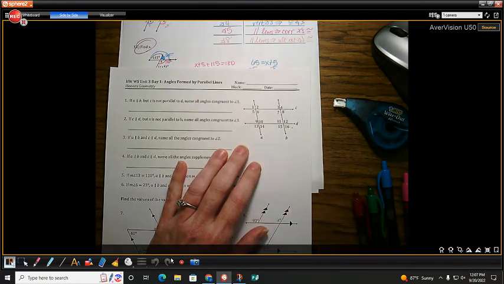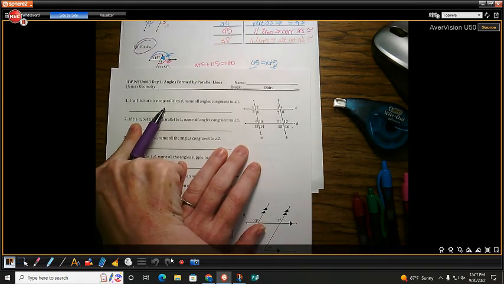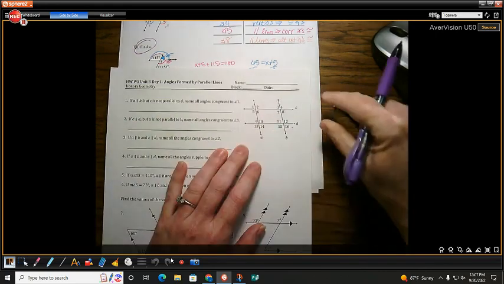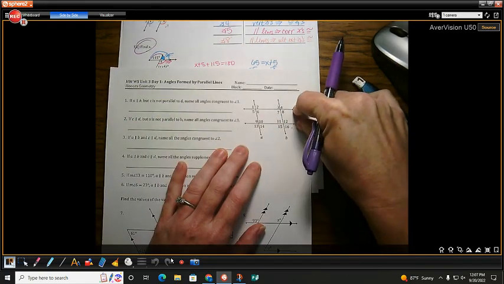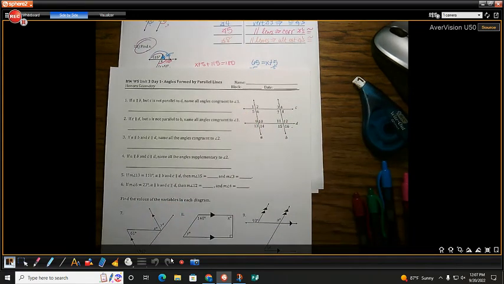Okay? So you're going to have to watch out for what's parallel, because look at number 2, I change it up. And then these two guys will be parallel, and the other two will not. Are you allowed to redraw the picture in different ways to help you not get confused? Sure.